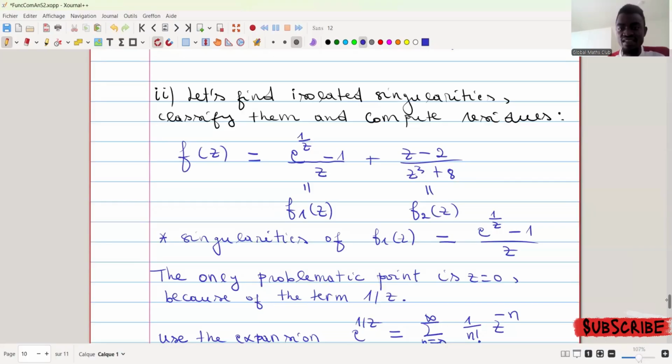It means that the singularity of f1 is going to be the singularity of the whole function f. The singularities of f2 are not going to have any impact on f1, so the singularities of f2 will also be singularities of the whole function f.